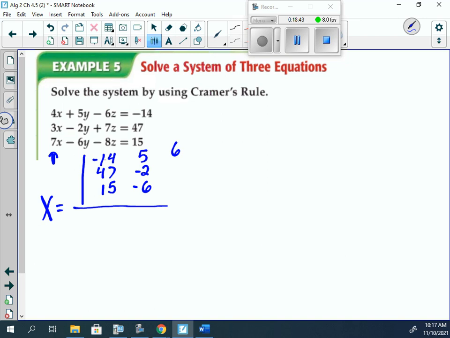The rest of the values would stay the exact same, because we're only replacing the x values in each one of the equations. On bottom, it'll be the values in front of the variables.